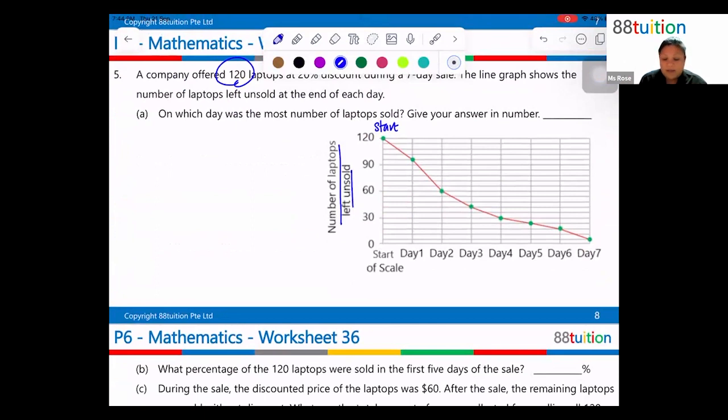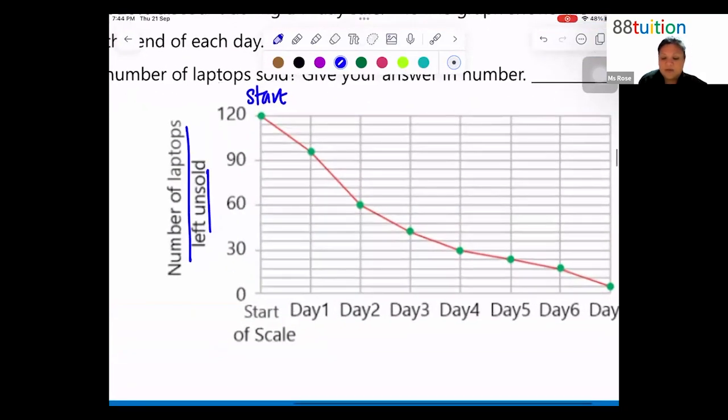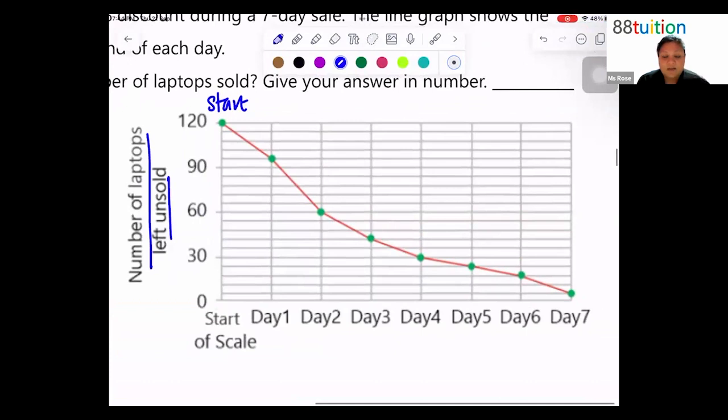Day 1, how many laptops were left unsold? Yes, Niall, the answer is correct. What is the number of laptops left unsold in day 1? Based on the graph, how many were left unsold here? 96, thank you.